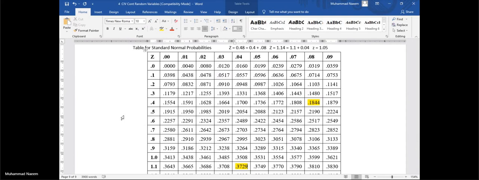Our third point is 1.05. So 1.0 we will look at in first column and below 0.05, this will be the area corresponding to the point z equal to 1.05.